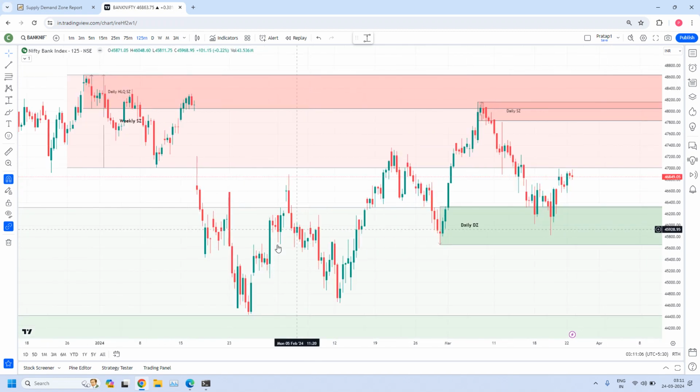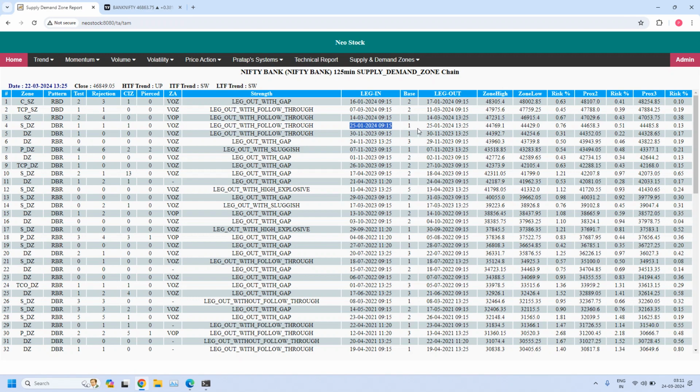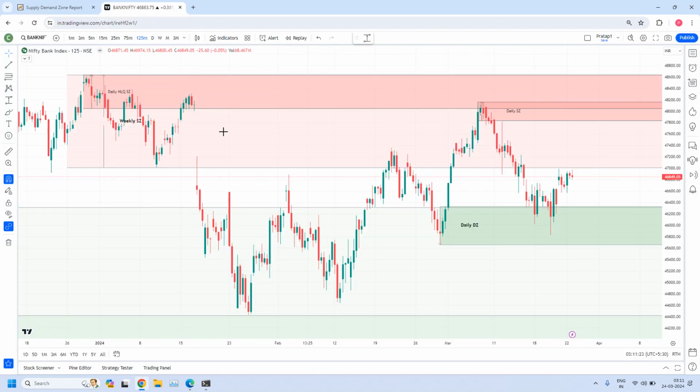This is the one rally. This is the rally candle. How many base candles? 9:15 and 1325.